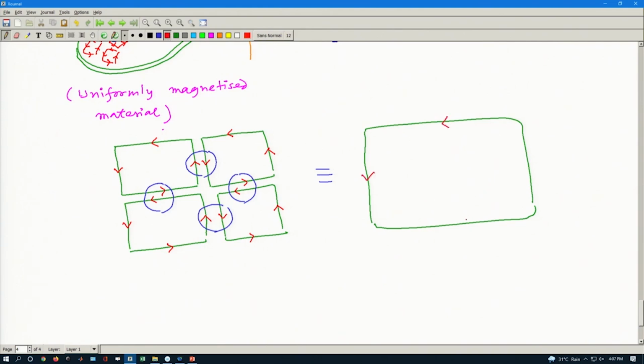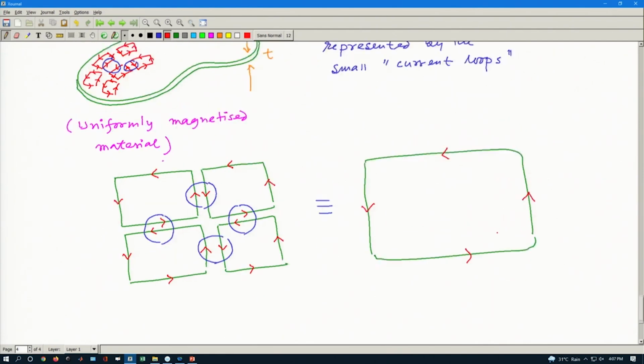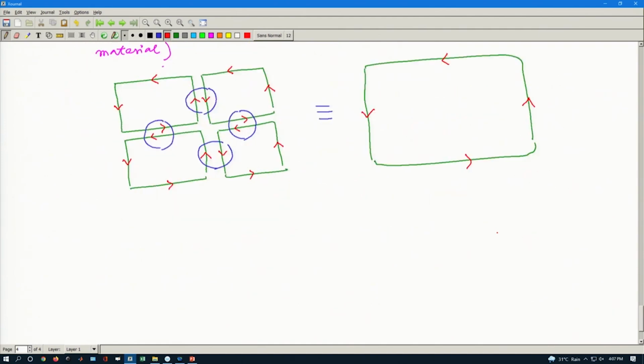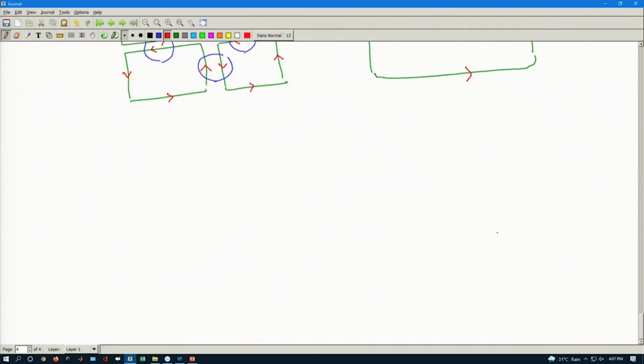Because all the internal currents are cancelling out, right. This is some sort of the drawing that we had when we proved the Stokes theorem.